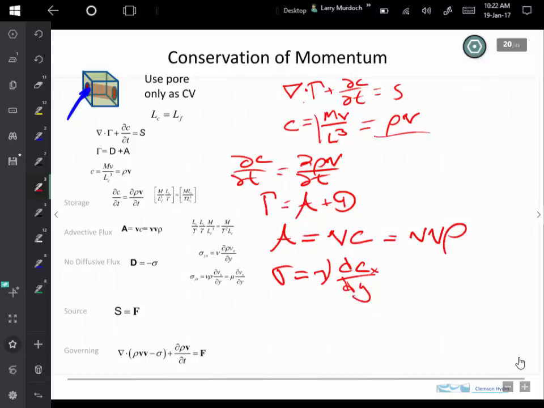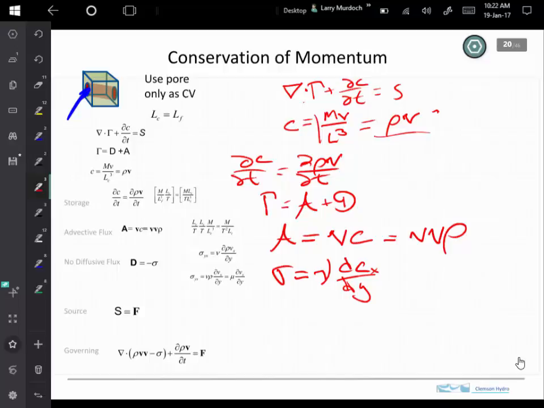So I have C sub x and I have the gradient in the y direction. Okay? In a general sense, it's just going to be the gradient of C. So we've got this dependent variable, we're taking a gradient, and that is giving us a flux.